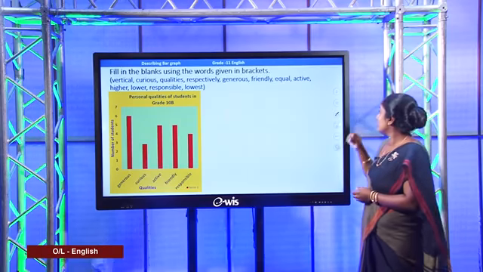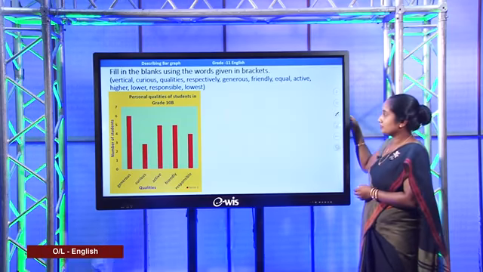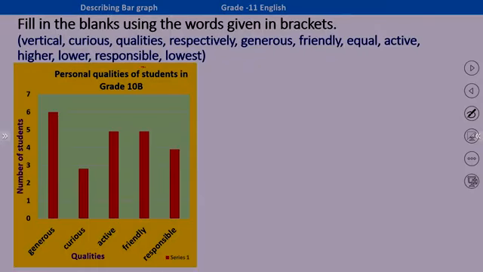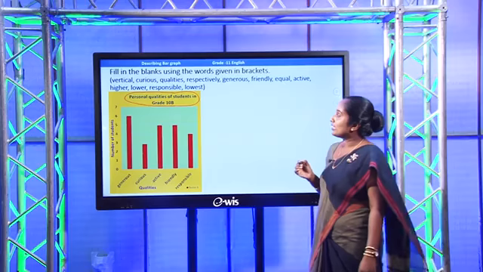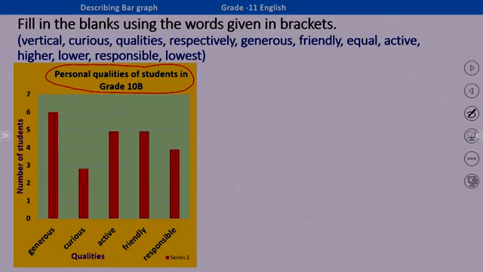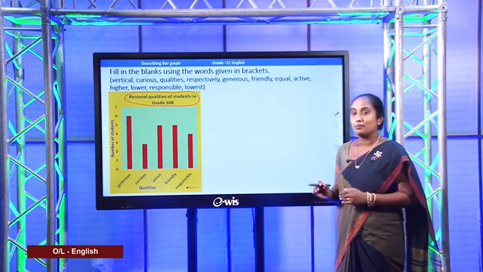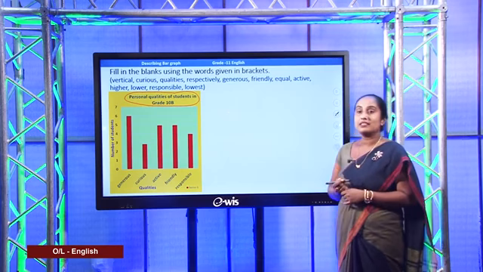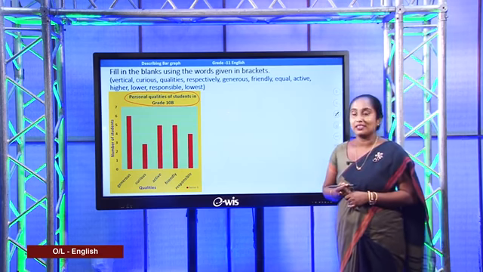Here you can see the title of the bar graph. What is the title? Personal qualities of students in grade 10B, right? Now, can you tell me the first sentence? This bar graph represents personal qualities of students in grade 10B, right?